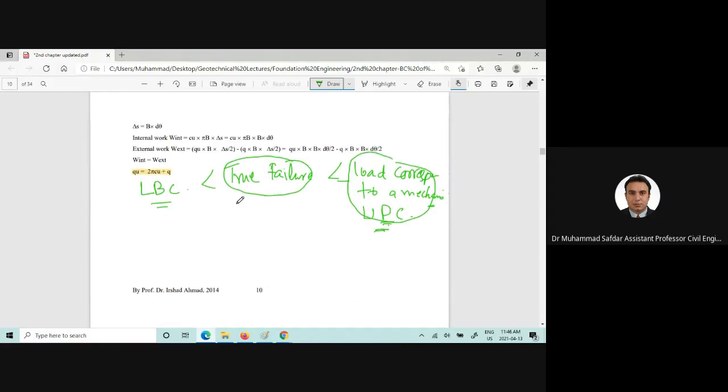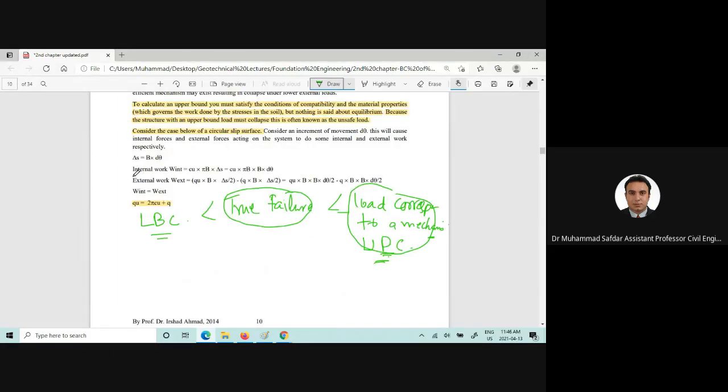So if we take the work which is done internally and the work which is done externally, the internal work is dependent upon the cohesion or the undrained shear strength of the soil, and the external work is related to the ultimate stress or the pressure which is applied, and also to the surcharge pressure.